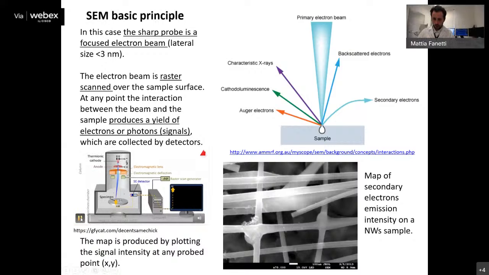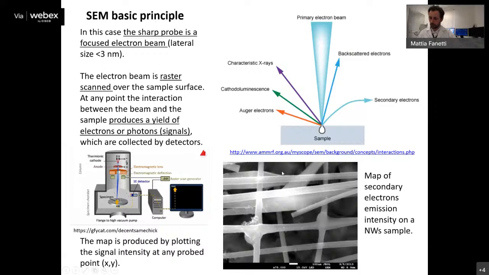Here you can see a brief video. The probe is moved over the sample, and in each point I measure through a detector a signal, and I put it in the corresponding point in the image. So the map is produced by plotting the signal intensity at every probe point.